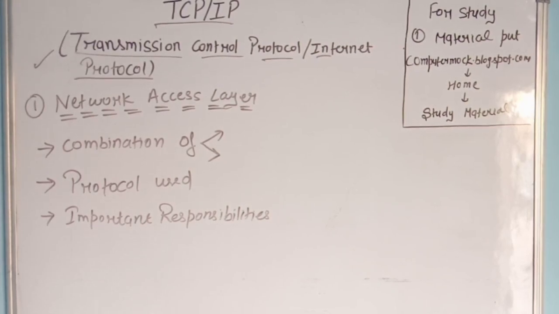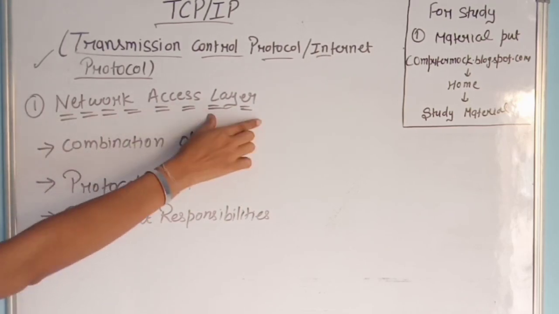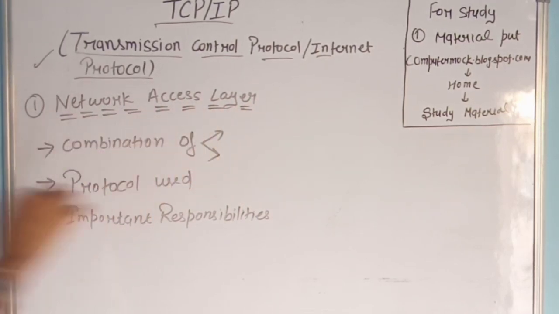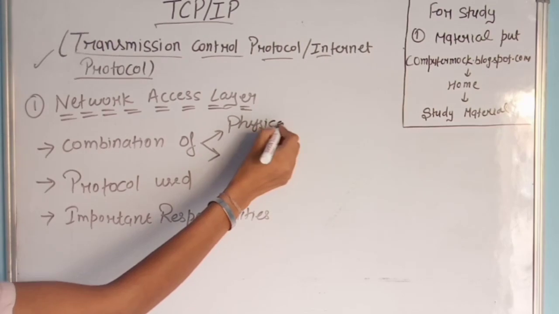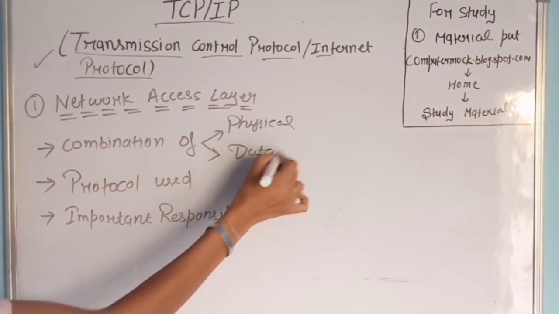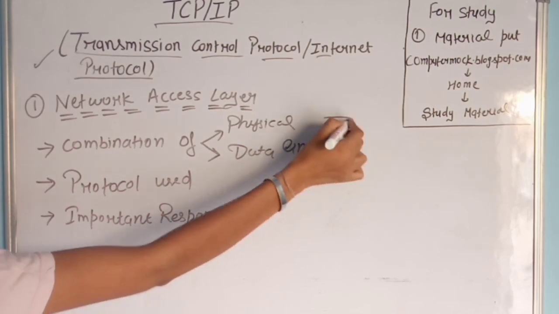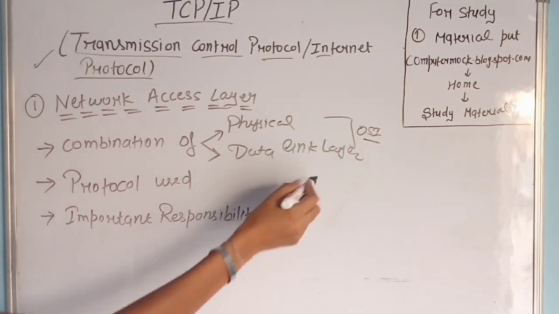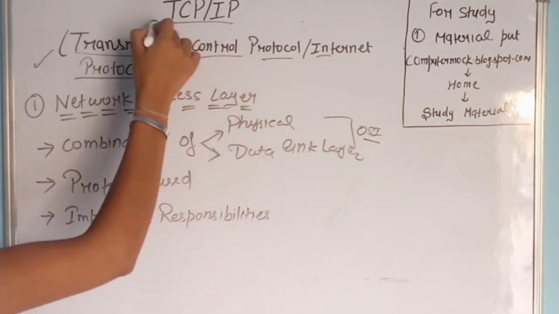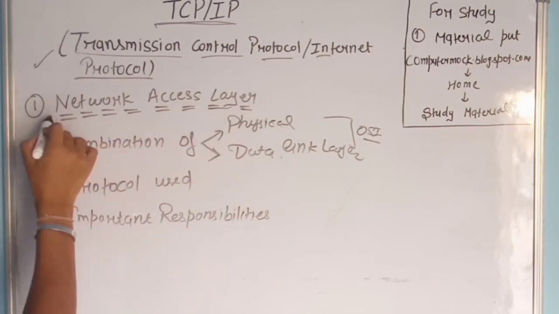The bottom layer of the TCP/IP model is the network access layer, which is a combination of two layers, the physical layer and the data link layer. These two layers are from the OSI model, but in the TCP/IP model we call these two combined layers the network access layer.